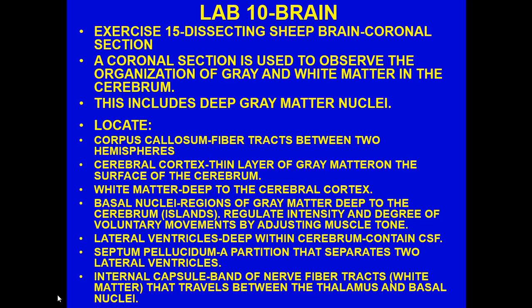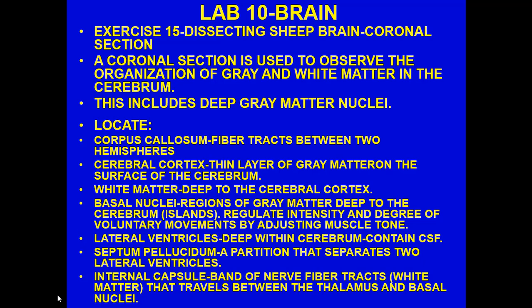The basal nuclei, these are interesting because when you have nuclei, you have clusters of cell bodies. So they're going to appear like gray matter surrounded by white matter, and this is going to be deep to the cerebrum. They regulate the intensity and the degree of voluntary movements by adjusting muscle tone.